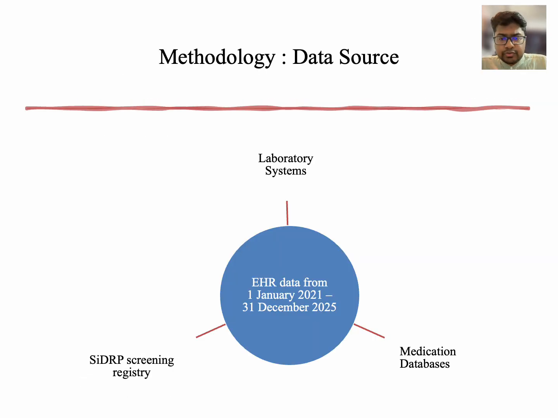So the data source for this methodology, the core data sets come from electronic health records, which provide the real-world clinical information, and it is also sourced from laboratory systems and the SRDP screening registry and also medication databases.